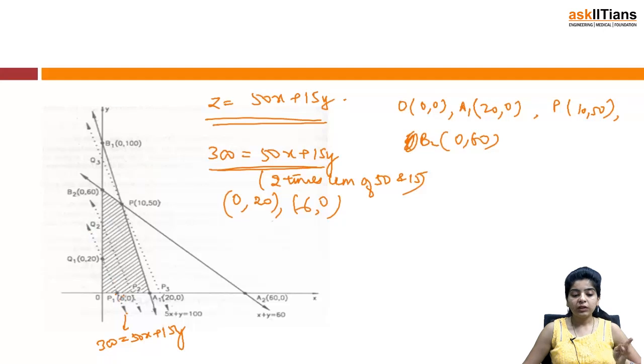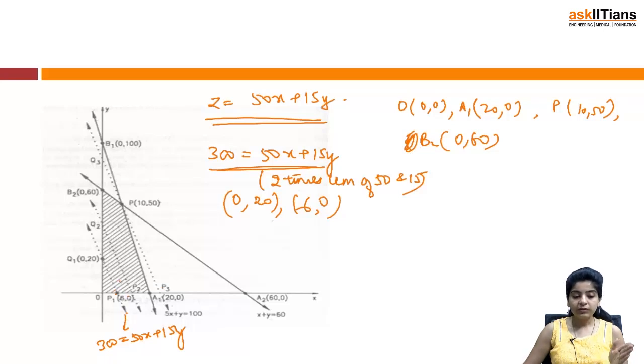Now you have to draw lines parallel to this line, and we have to obtain the line farthest from the origin which has at least 1 point common to the shaded region, the feasible region, because this problem is of maximization type.